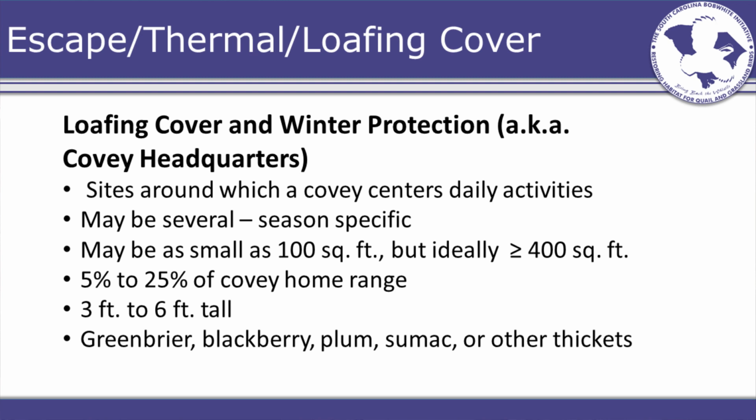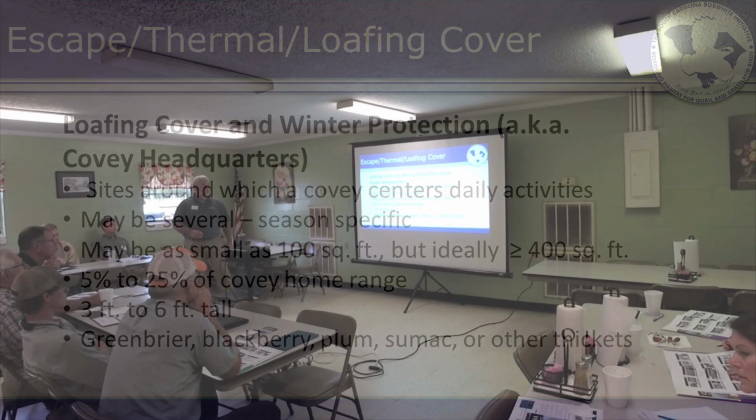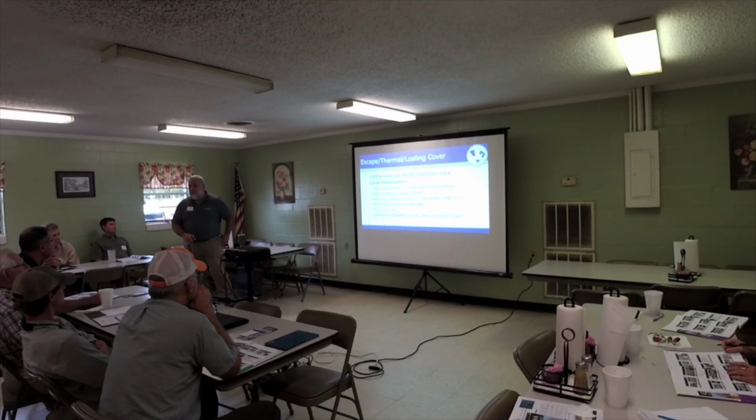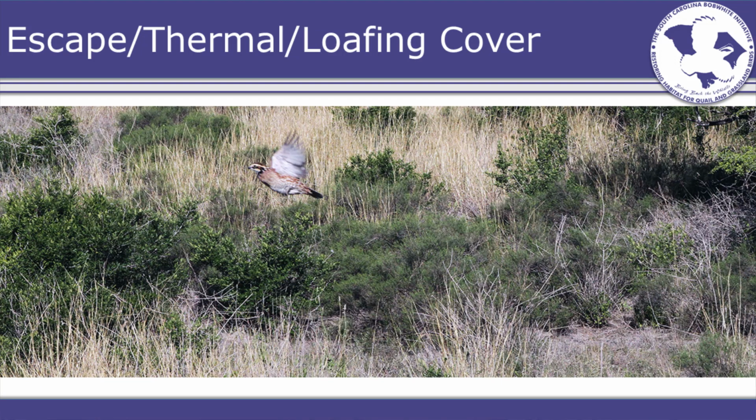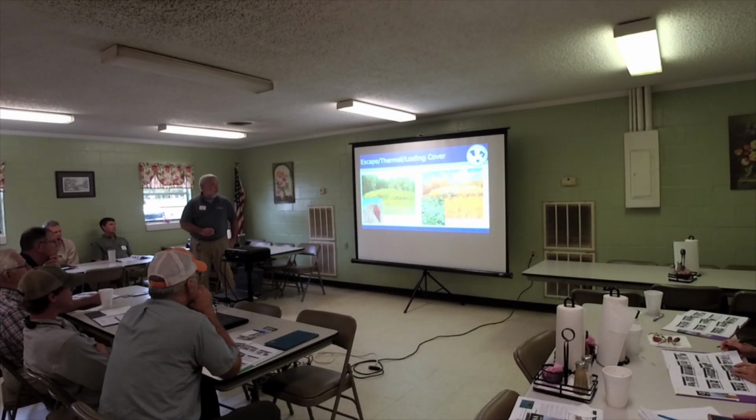So some species that are beneficial are the greenbrier thickets, blackberry, plum, sumac thickets are really good, or other types of woody vegetation or semi-woody vegetation that provides that dense cover. So you can see some of that interspersed in wherever this habitat photo was taken. But you have that interspersion of these grassy areas and yet some heavy cover nearby the birds can escape to.